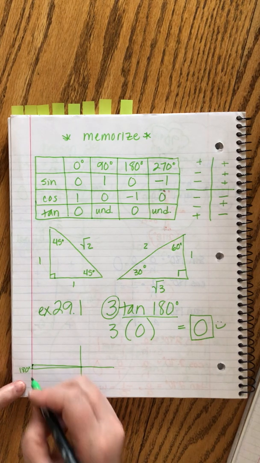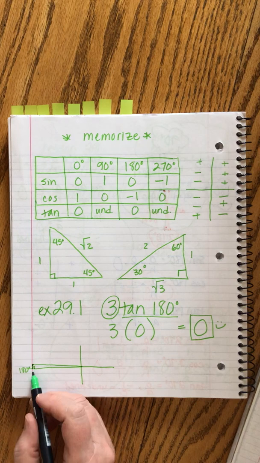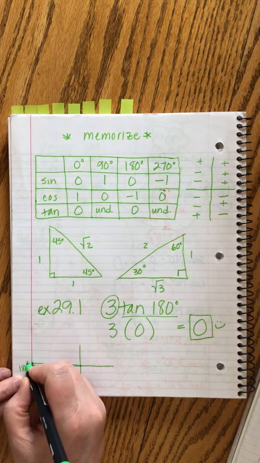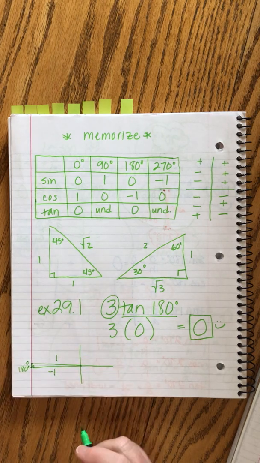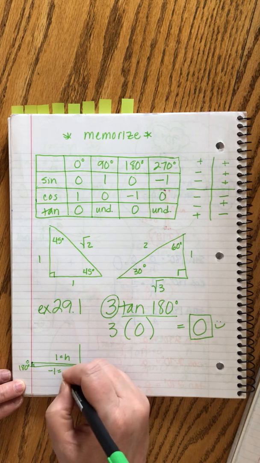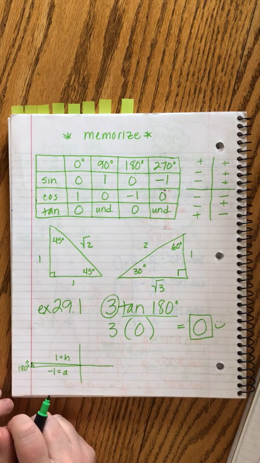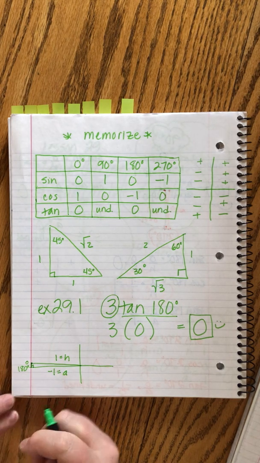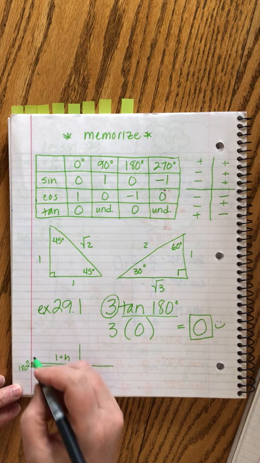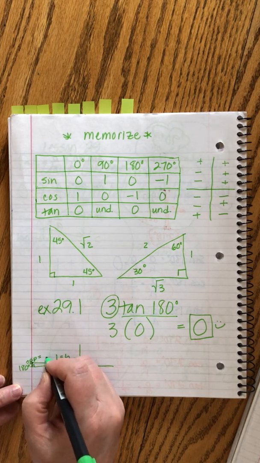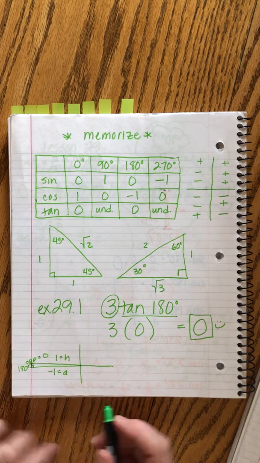And the side of this leg would be pretty much -1, and the side of this leg would be 0, and the hypotenuse would be +1, because it always is. This would be the hypotenuse. This would be the adjacent side, right? And this would be the opposite side over here. And that would be equal to 0.